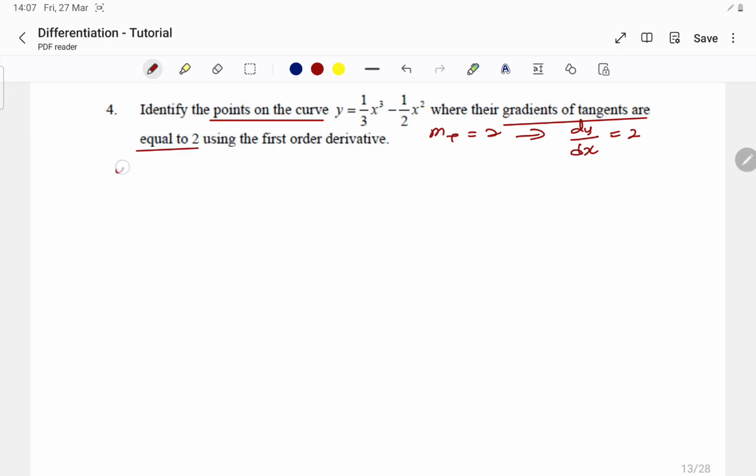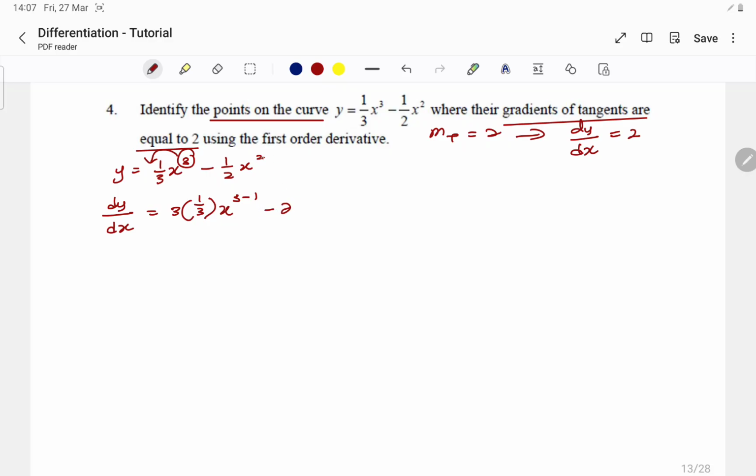Now we have y is equal to 1 over 3 x cubed minus 1 over 2 x squared. First step is we differentiate first. Then you're going to get 3 you bring in front, so 3 multiplied with 1 over 3 x to the power of 3 minus 1.